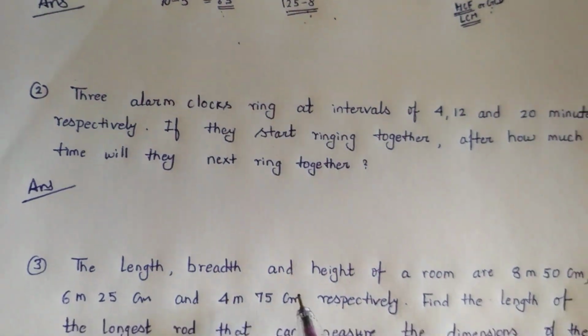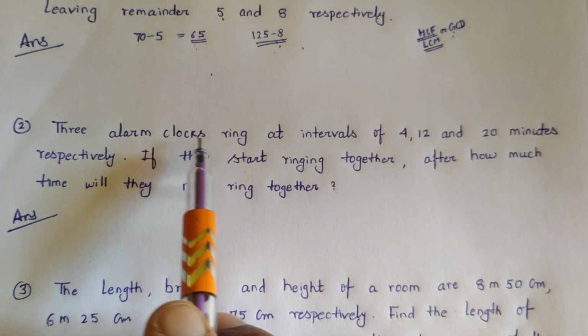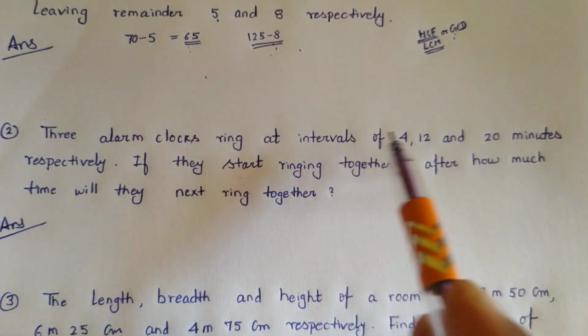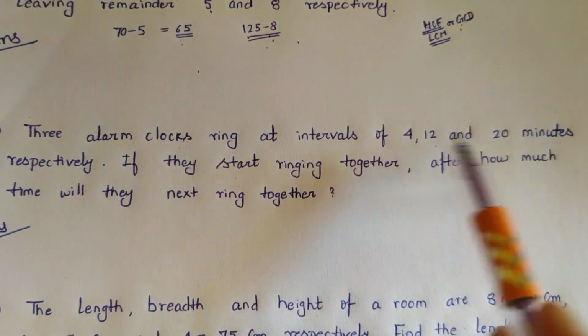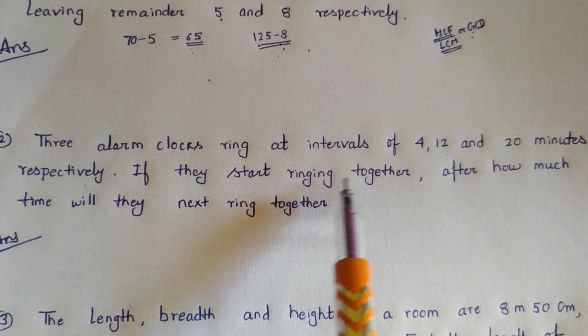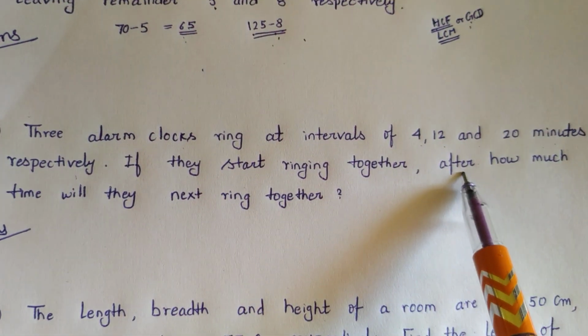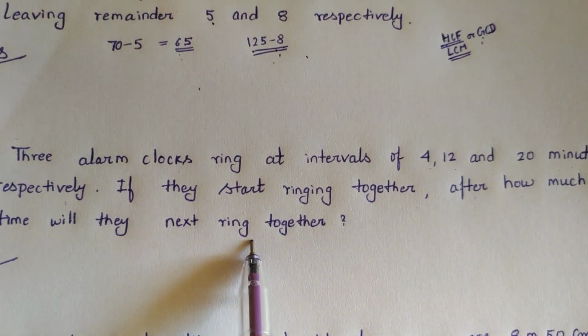Now second question: 3 alarm clocks ring at intervals of 4, 12 and 20 minutes respectively. If they start ringing together, after how much time will they next ring together?